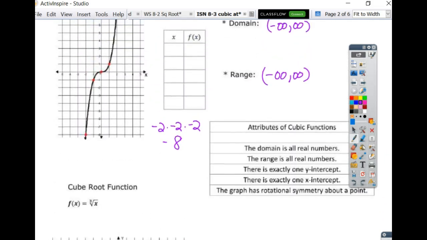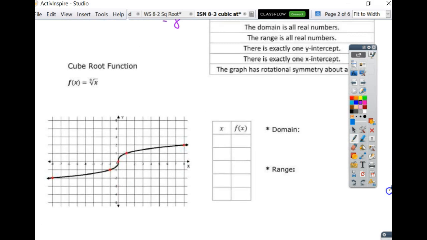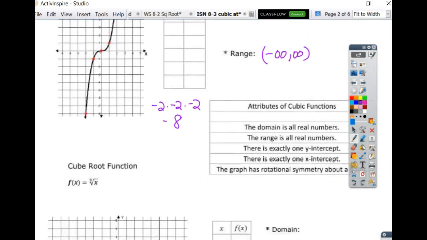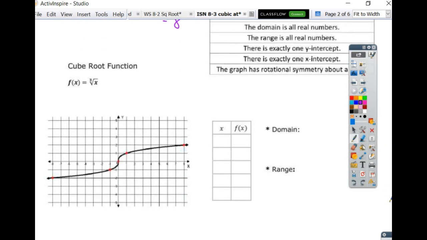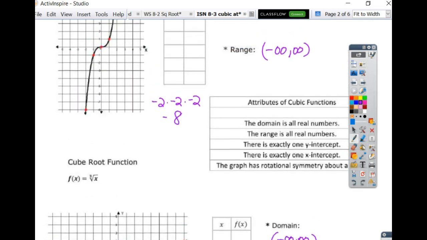So what's the difference between this graph and this graph? Very good. Good words. So this one's vertical and this one's horizontal. So the cube root is also negative infinity to infinity. And here are the points you're always going to use.